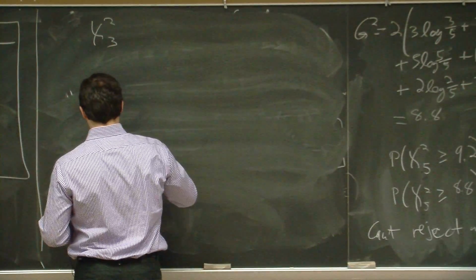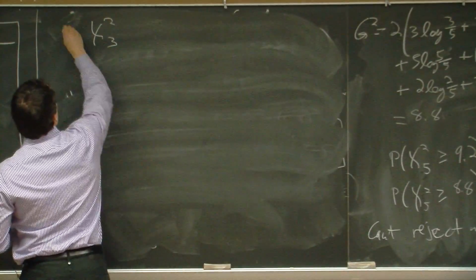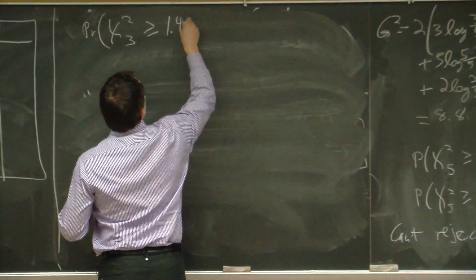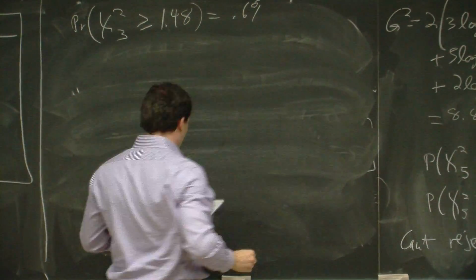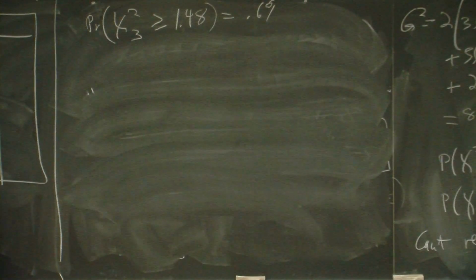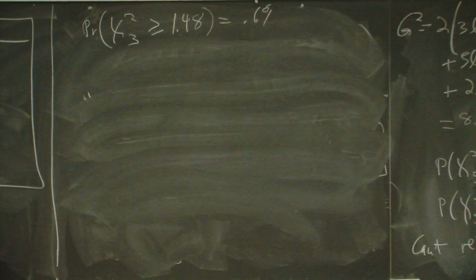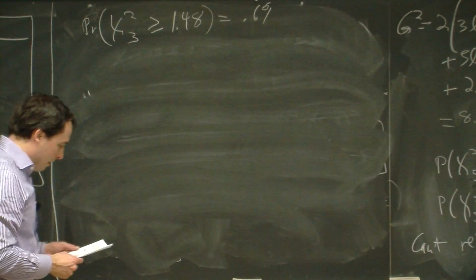And so the p-value, the probability that this is greater than or equal to 1.48, is 0.69. Okay, so we really violently failed to reject the null in this. The data fits really, really well. Or maybe even too well.